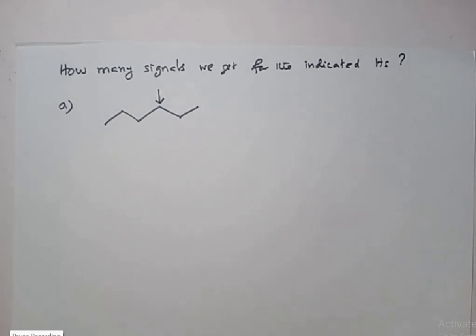If you don't get any enantiomers or diastereomers, then those two hydrogens are called homotopic hydrogens. Homotopic hydrogens are chemically equivalent, they'll give one signal. Enantiotopic hydrogens are chemically equivalent, they'll give one signal. Whereas diastereotopic hydrogens are chemically non-equivalent, they'll give two signals.